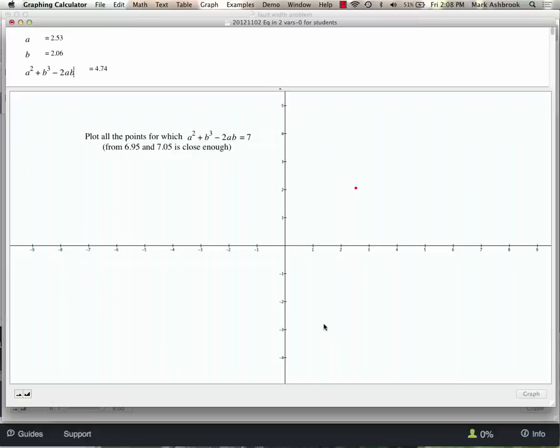Did you find the file? So you want to download that and open it in GC. And then you should be able to look like this. It should look like this.